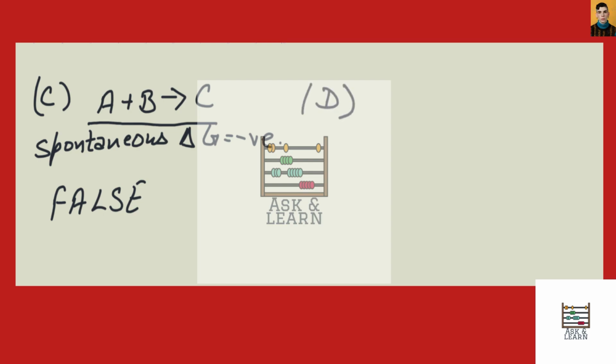Moving to option D, the internal energy of a system is a function of temperature, and if temperature remains constant, the internal energy remains constant.